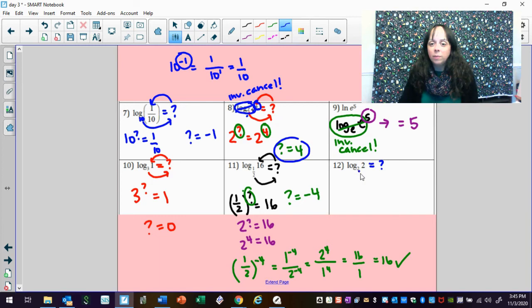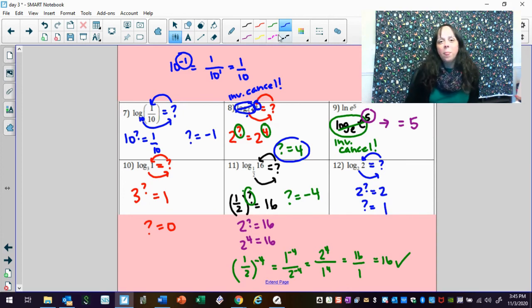All right, the next one. 2 to what power is 2? Oh, Miss Groses, that's easy, right? 2 to the 1st is 2. I knew that. Cool? All right. Let me show you another reason why you knew that. Did anyone notice? Log base 2 of 2. What did we call these two things?